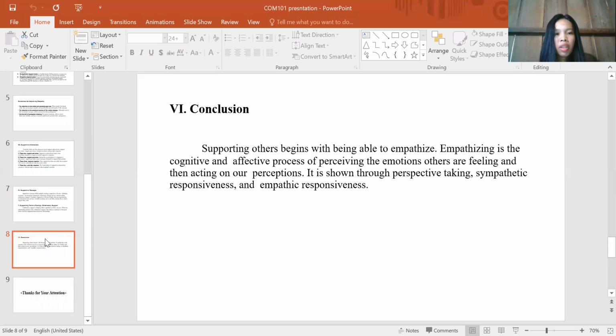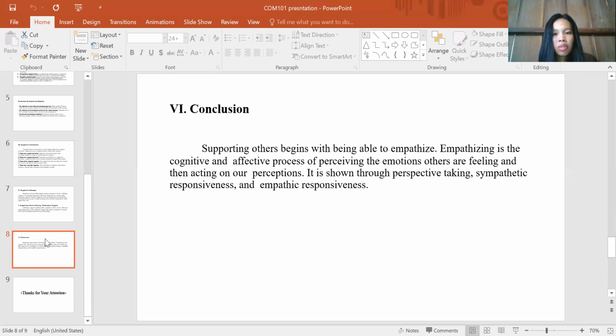cognitive and affective process of perceiving the emotion another is feeling, and then acting on our perception.